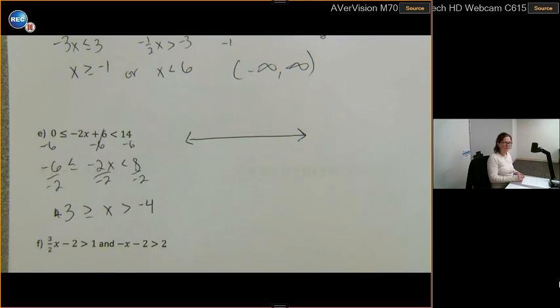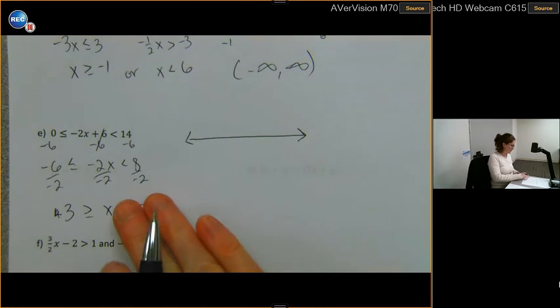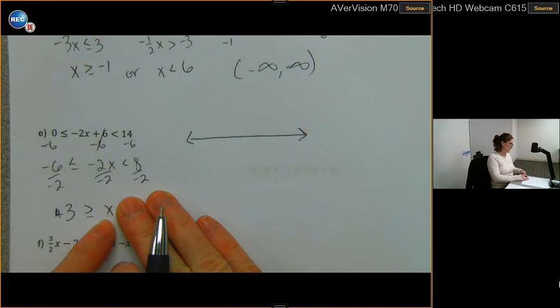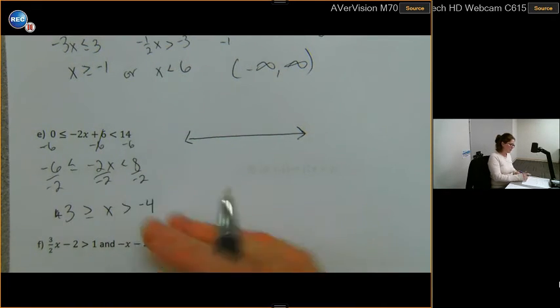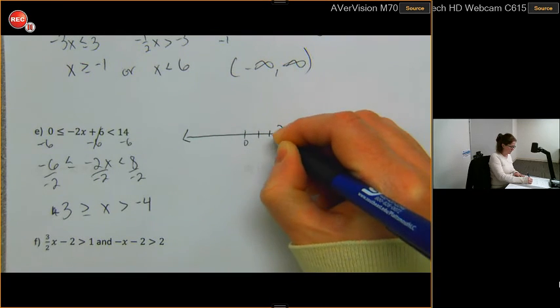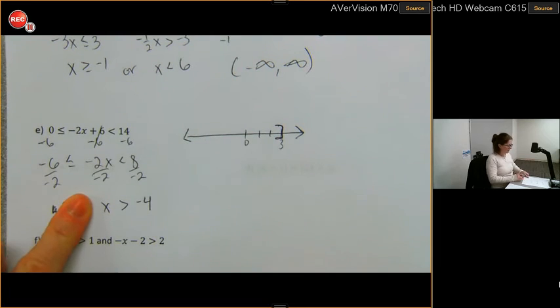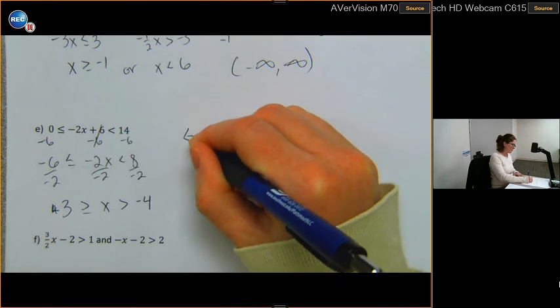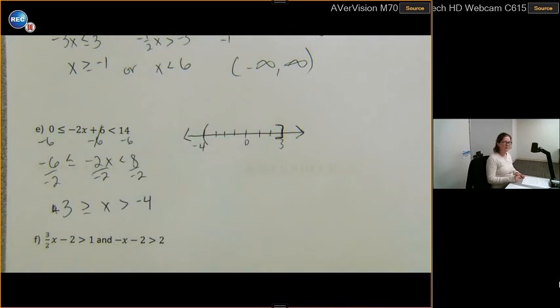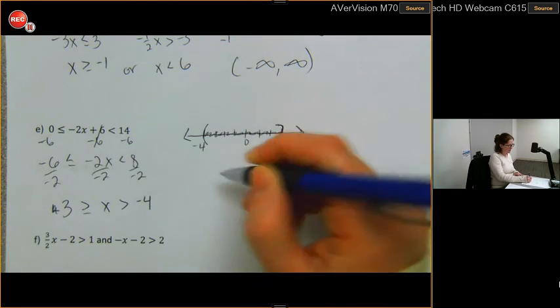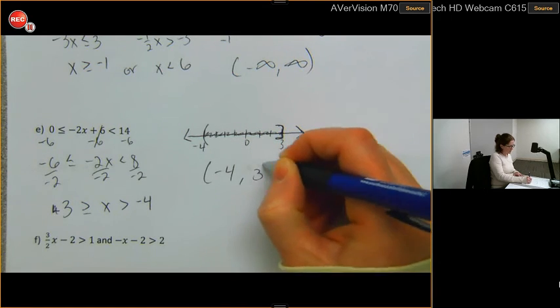When I graph this, I look at one inequality at a time, so I'm going to cover up one side of it, and I have 3 is greater than or equal to x, or if I read it backwards, x is less than or equal to 3. And this side says x is greater than -4. Compact inequalities are "and" problems, so my answer is just going to be the region in between my two boundaries.